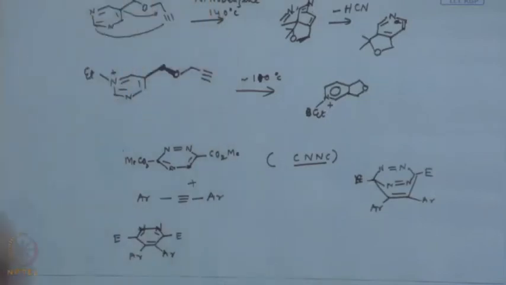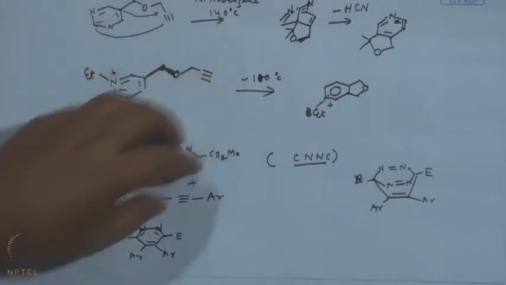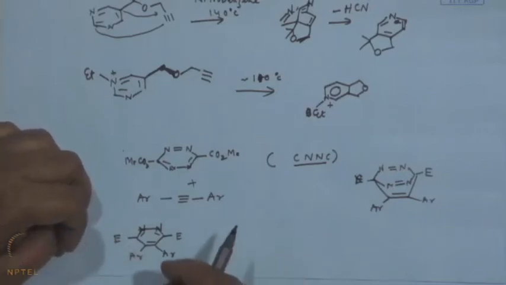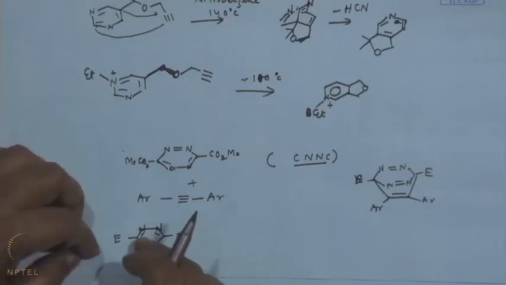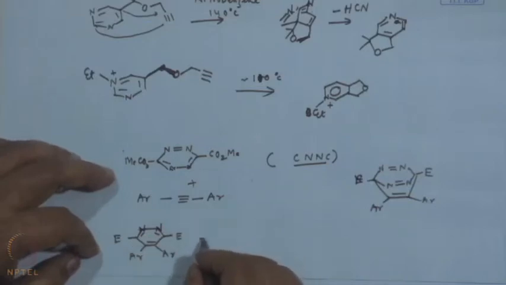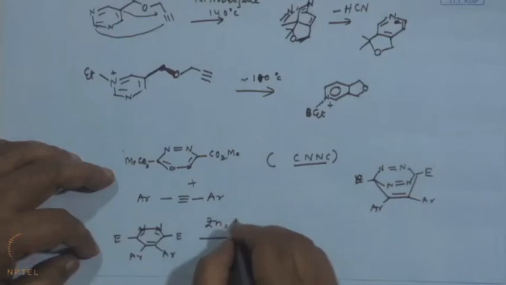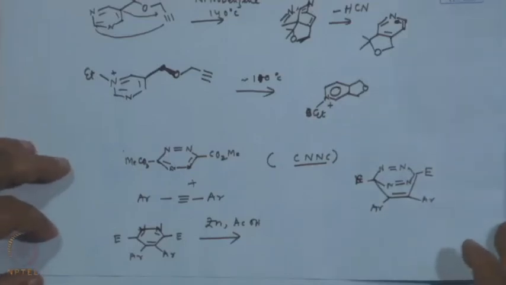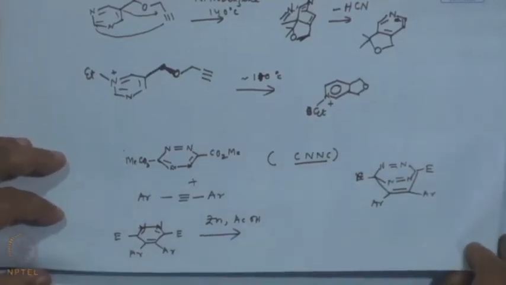What next? That means tetrazine can be made use of in the Diels-Alder reaction to produce a pyridazine derivative. That is not all. Actually, once upon a time, I think I told you, it is a very clean reaction. If you react with zinc and acetic acid, you will get something.